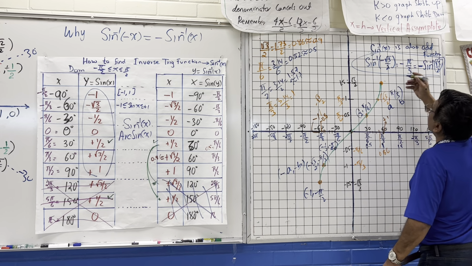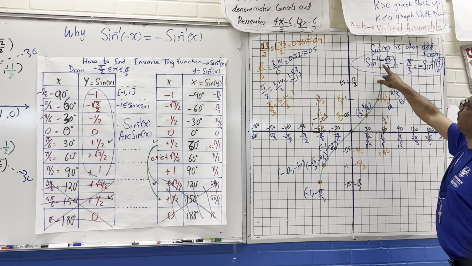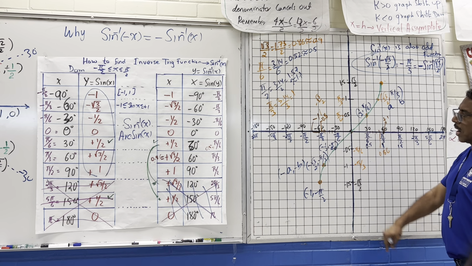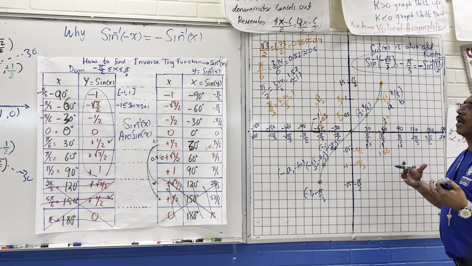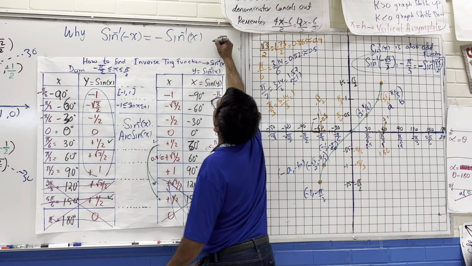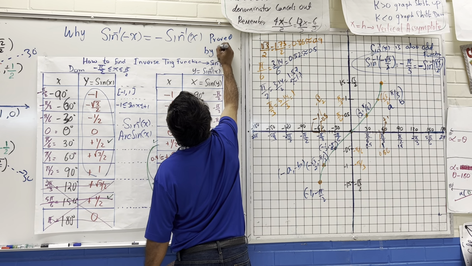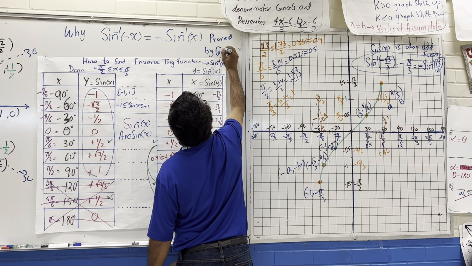So the identity is already done: if you have a negative, it is negative sine inverse, just using the graph. This is proved by graphing.